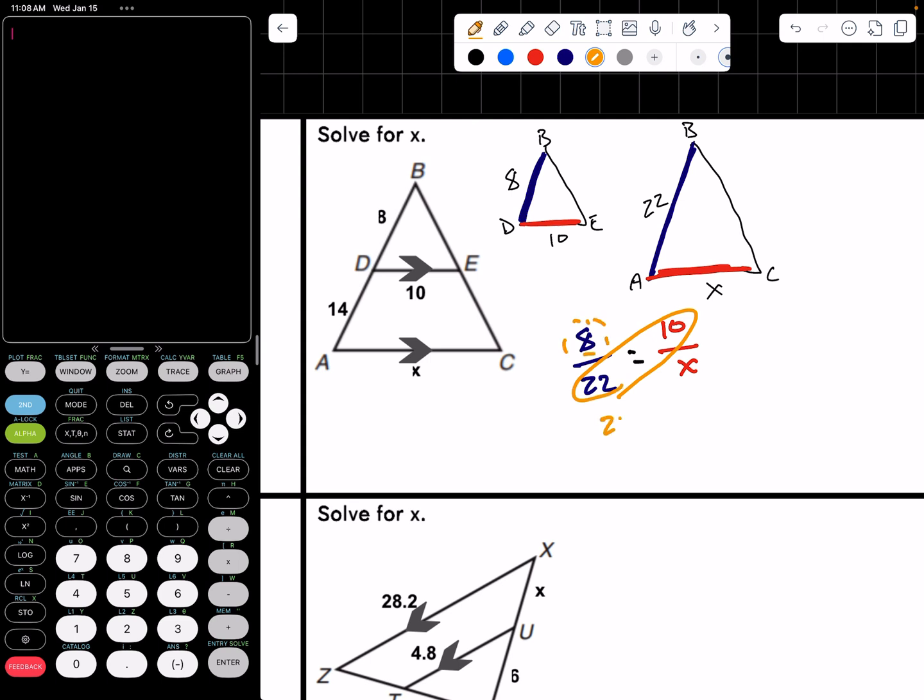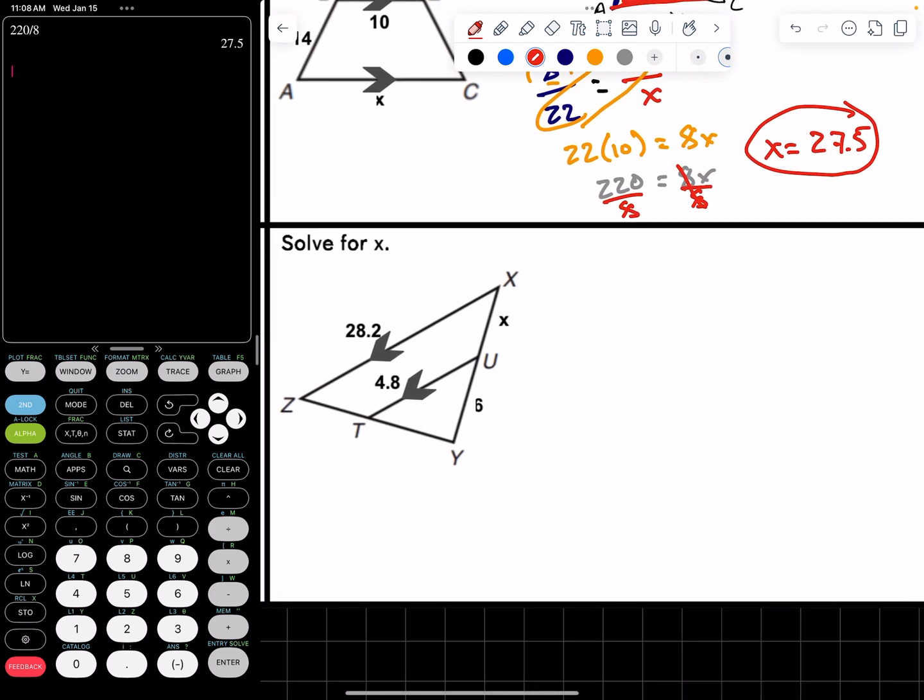So we end up with 22 times 10 equals 8x. We'll go on ahead and multiply 22 times 10, which is going to be 220, equals 8x. Divide both sides by 8. X equals 220 divided by 8, 27.5.